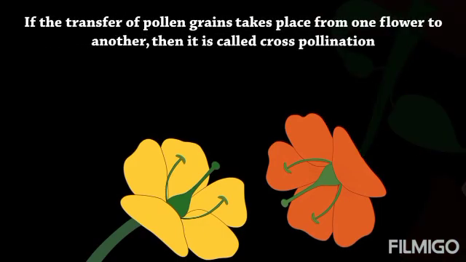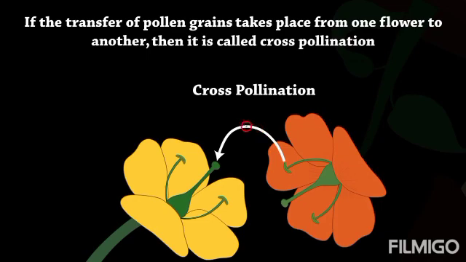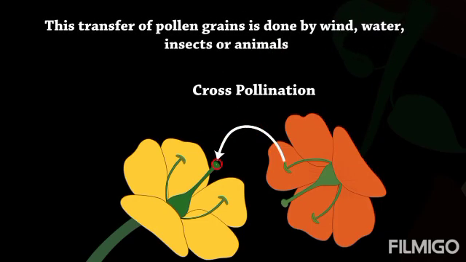If the transfer of pollen grains takes place from one flower to another, then it is called cross-pollination. This transfer of pollen grains is done by wind, water, insects, or animals.